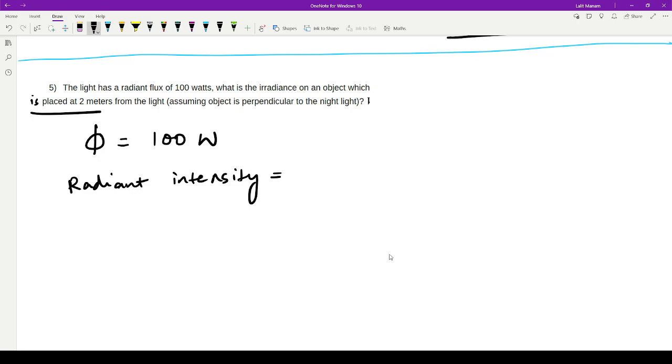So radiant intensity is what? d phi by d omega, how much flux changes per unit steradian. And how do you define steradian, the solid angle?